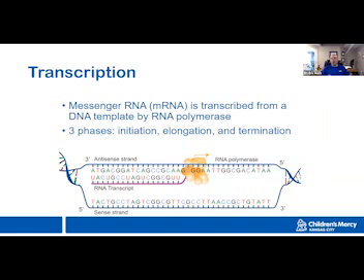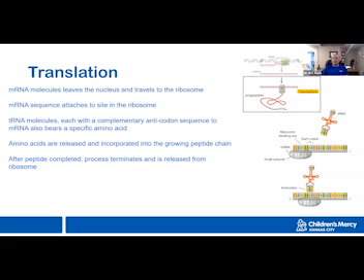So the RNA is actually transcribed from the DNA, and there are 3 phases of this. Basically, you got to start it, you got to make it, and then you got to end the process. And honestly, that's all you guys got to know about transcription. Then you have that transcript that leaves the nucleus.